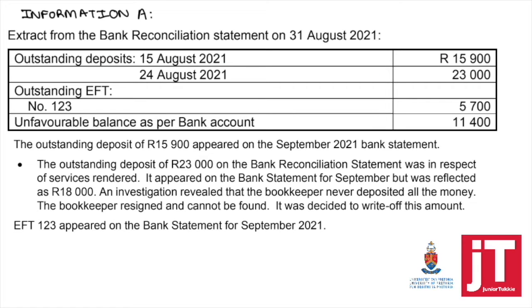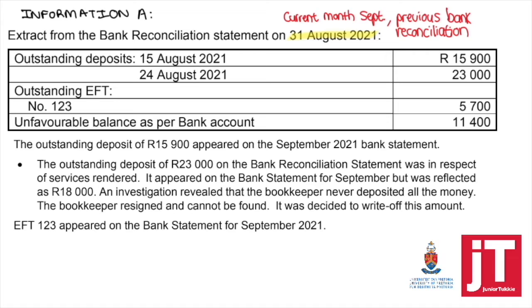Looking at information A, an extract from the bank reconciliation on 31 August 2021. Our current month is September, so this means this is the previous bank reconciliation statement. A reminder. Previous bank reconciliation statement, what do we do with it?